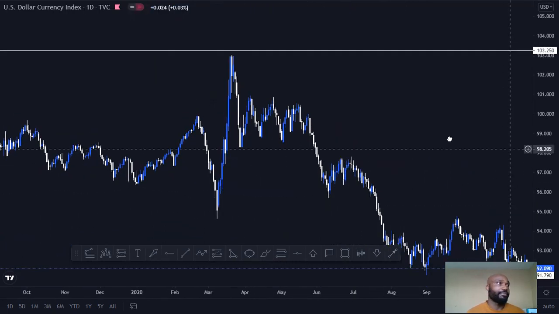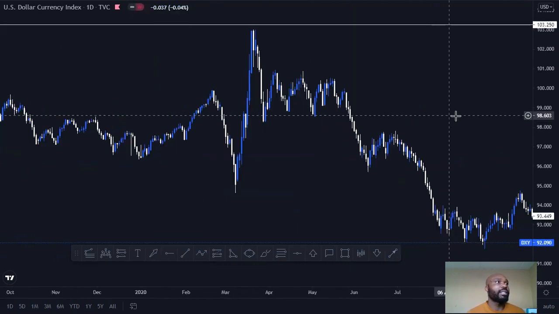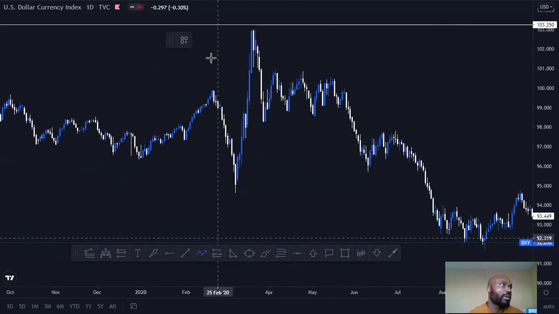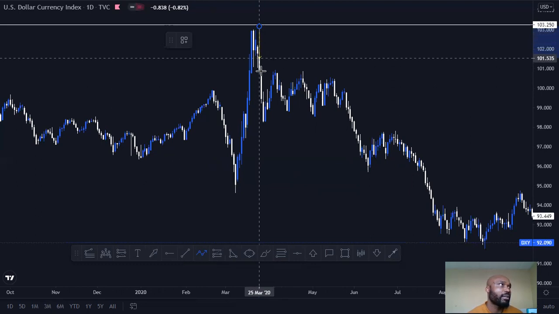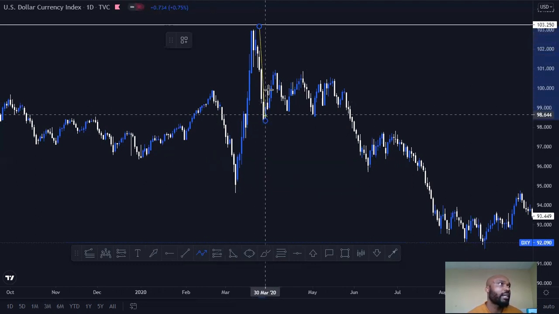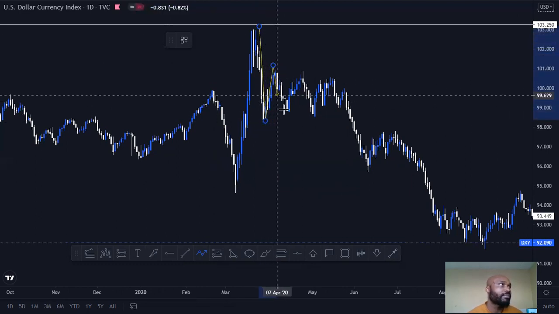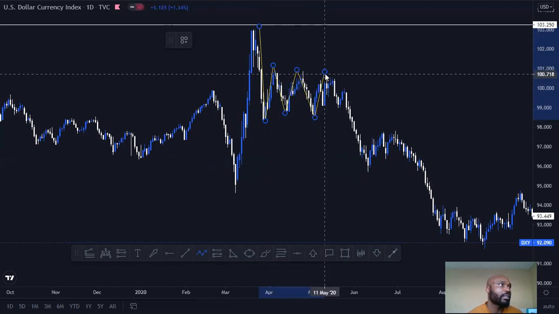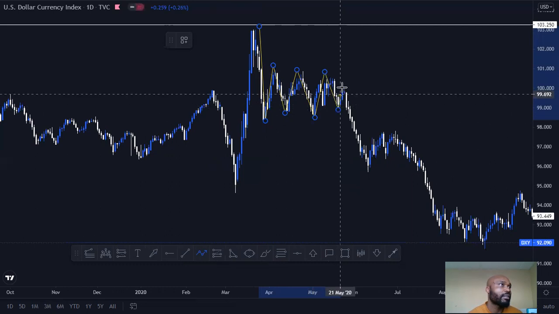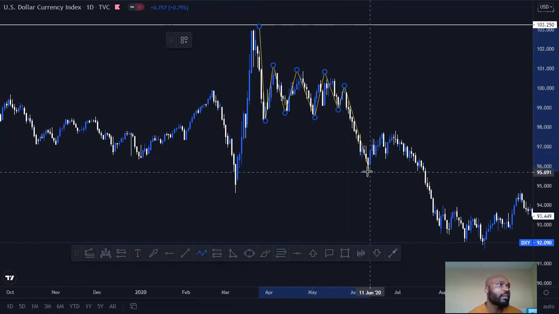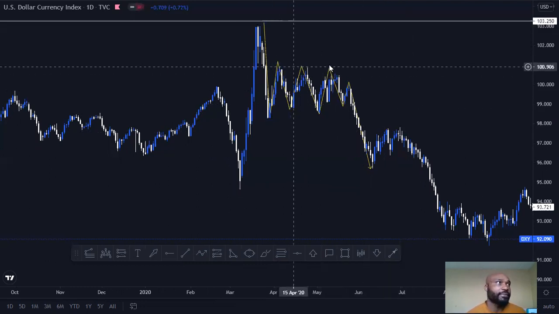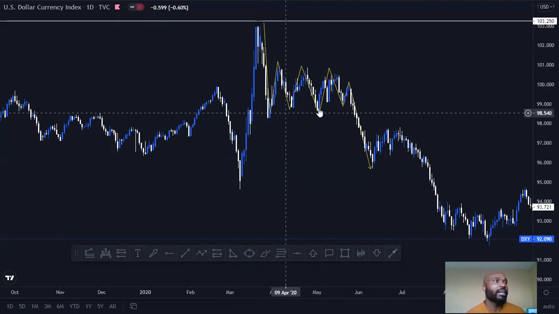Let's start from here. Remember what we said, that sometimes the patterns are not picture perfect. So I want you to pay attention to what happened with price. Look, we had an impulse down, and then we had a correction. Look at how many touches we had. 1, 2, 3.